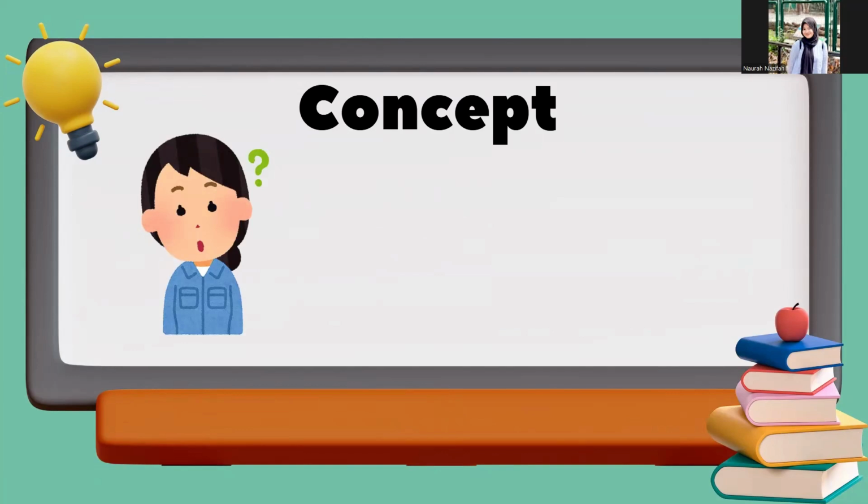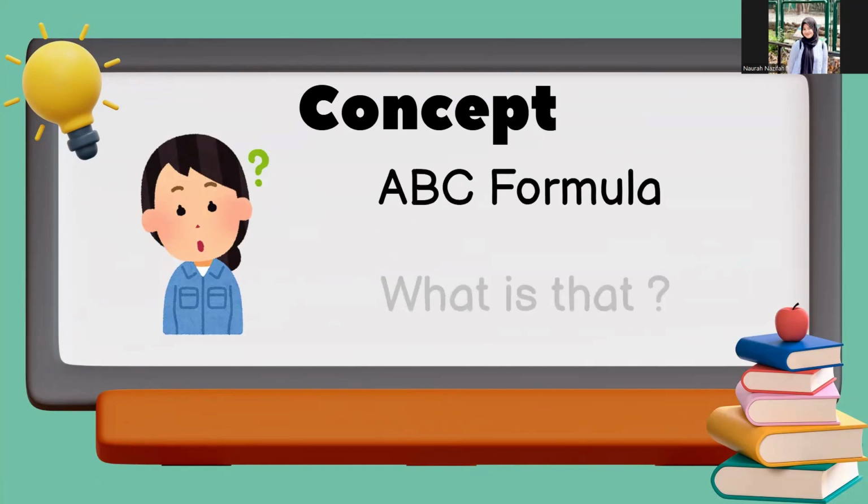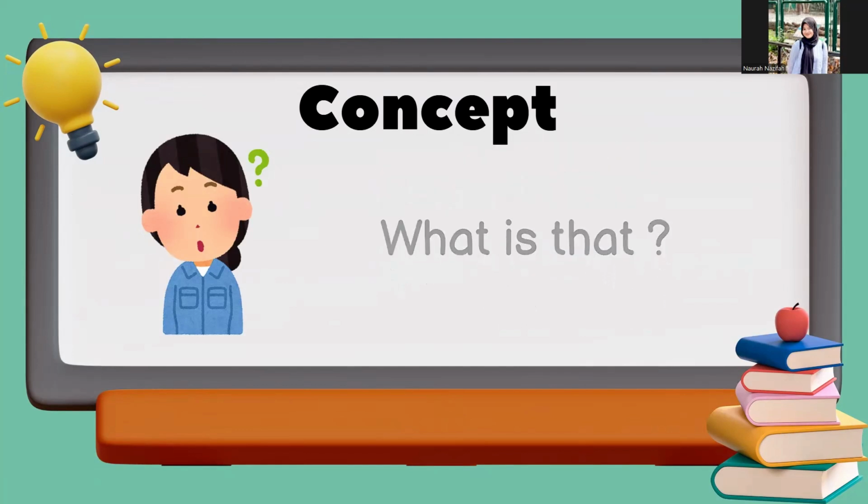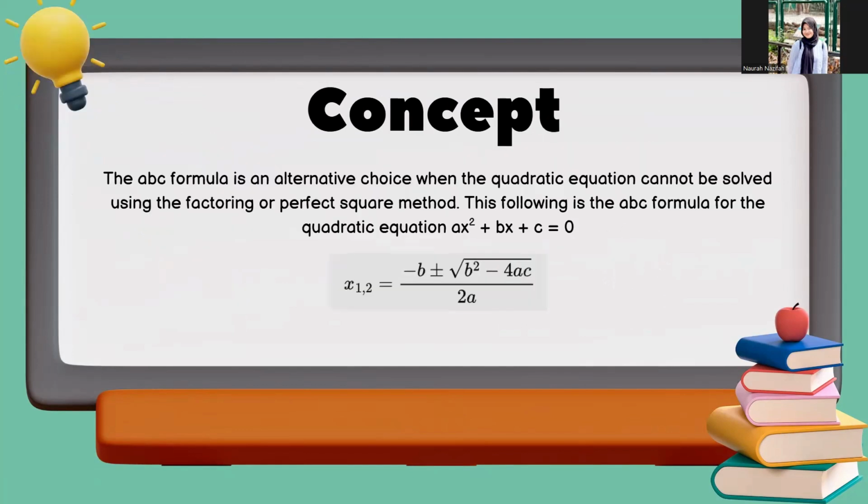Okay, we'll use the ABC formula. So what is that? The ABC formula is an alternative choice when the quadratic equation cannot be solved using the factoring or perfect square method.